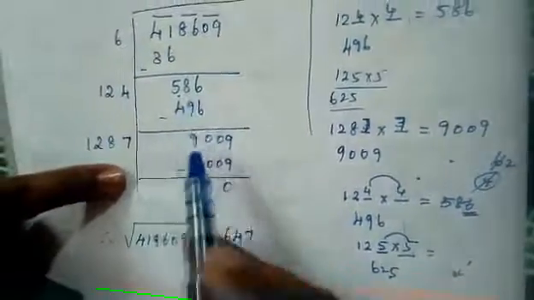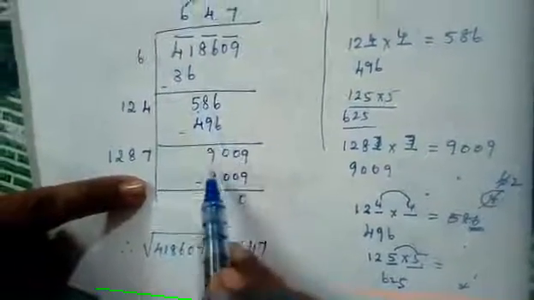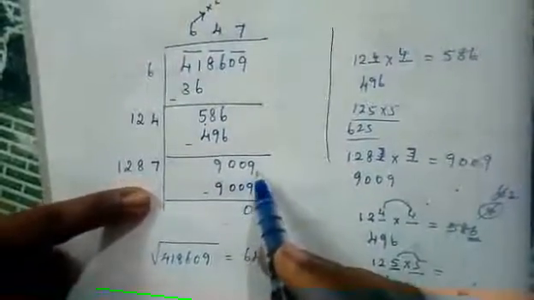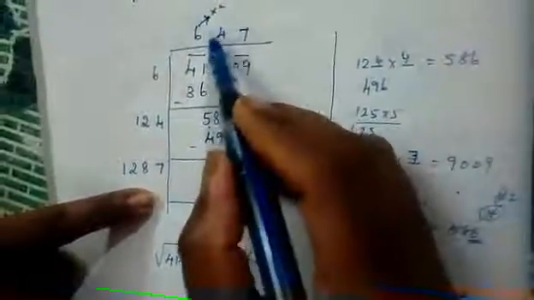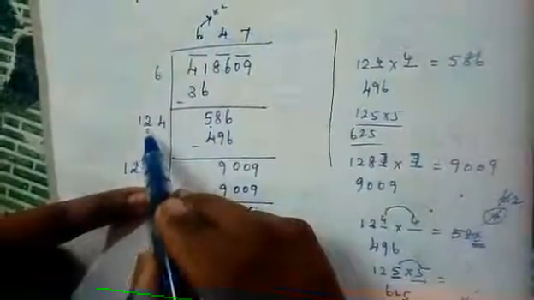So you have to subtract these two, you get 6 minus 6 is 0, 18 minus 9 is 9. Then bring down the next pair, that is 9 0, so 909. Now the second step: the first step is complete, after that you multiply the quotient by 2.